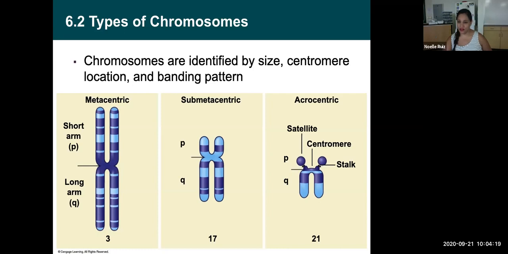And then acrocentric is when the P, the short arm on top, is just a little blob. And then the Q is the longer arm, and it's still longer. And you can see they each have a unique banding pattern of purple and blue throughout them.